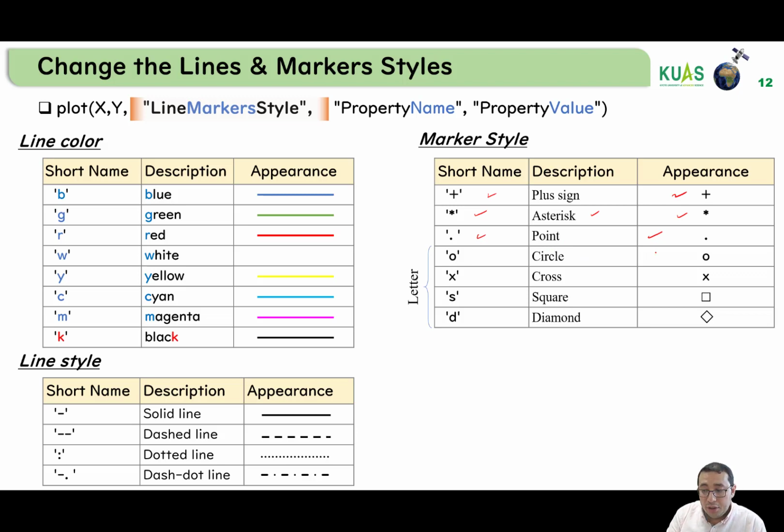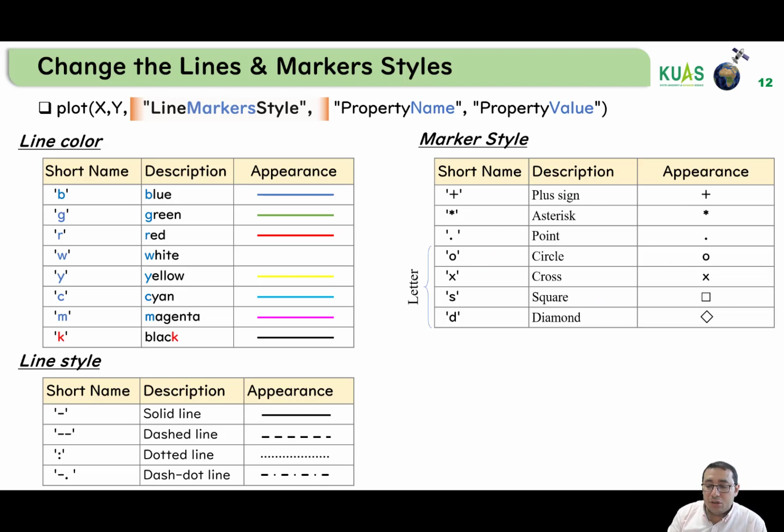For the circle, we have this appearance. We will write for the short name the letter O. And for the cross, we are going to write the letter X. And for the square shape, we are going to use S. And for the diamond, which is kind of like the square rotated 45 degrees, we are going to use D.